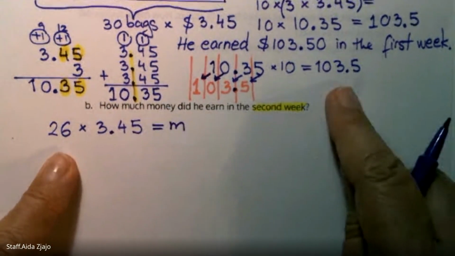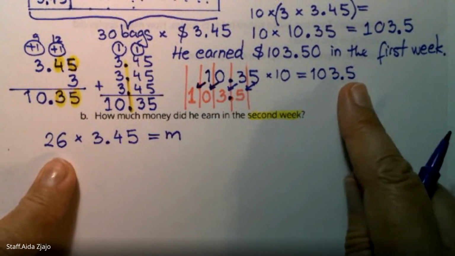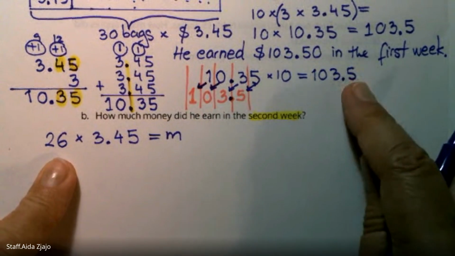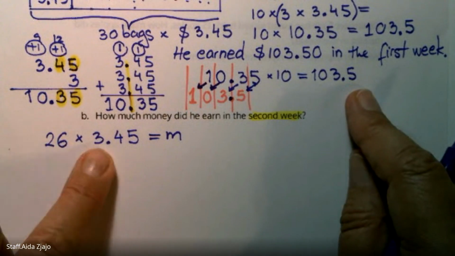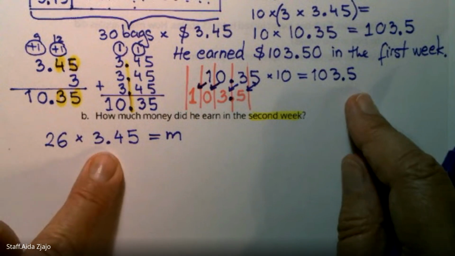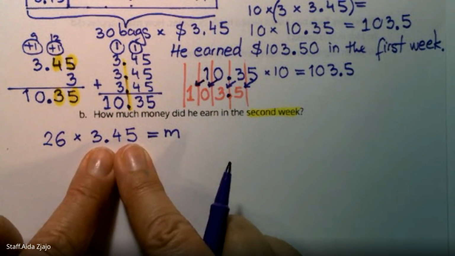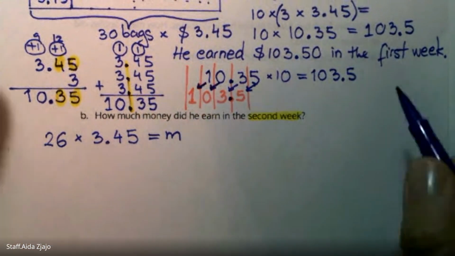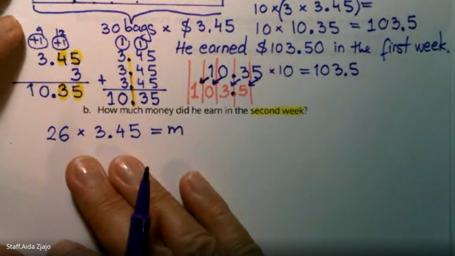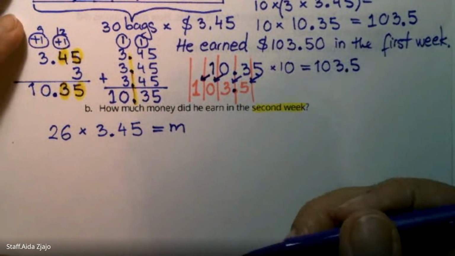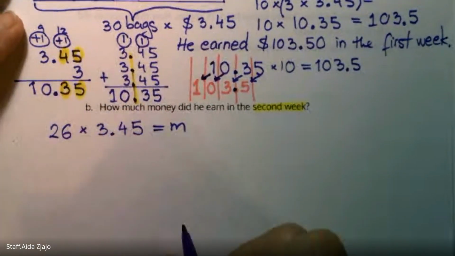You can have the total 103 and 5 tenths, or 50 hundredths, and then say there are 4 bags less here, so we can do 4 times $3.45 and subtract from the total 103.50, or we can just multiply as we did before. Okay, so let's do both ways if we have room.